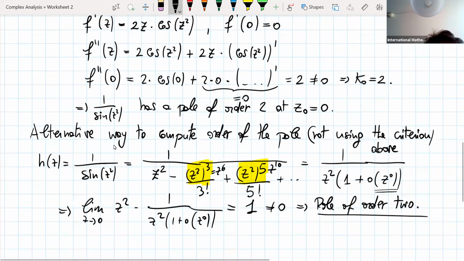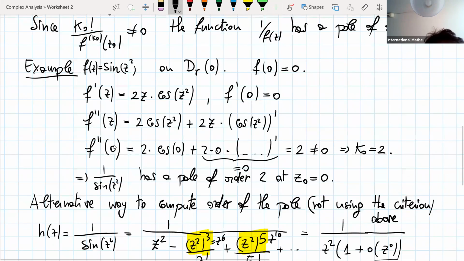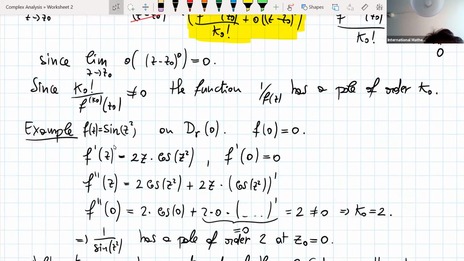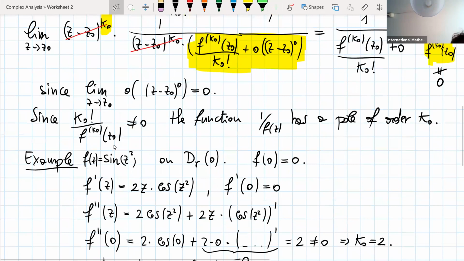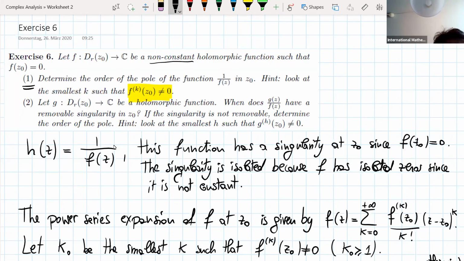So let's go back then to our exercise. So we proved the first part. So this part 1, now it's proved. And now for the second part, we want to prove something a bit more general. In this case, we have the quotient of g and f, where f is again a function which is non-constant and with a 0 at z0.